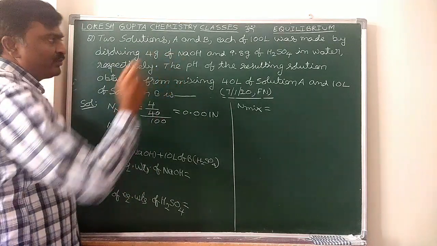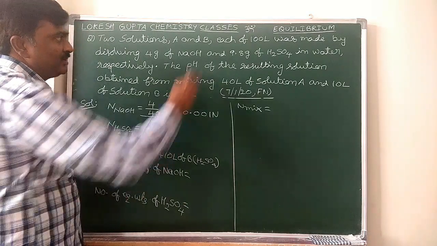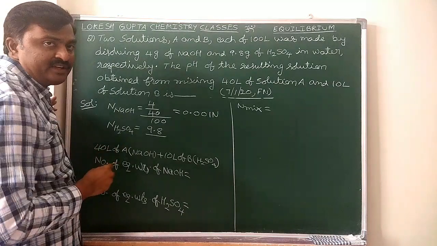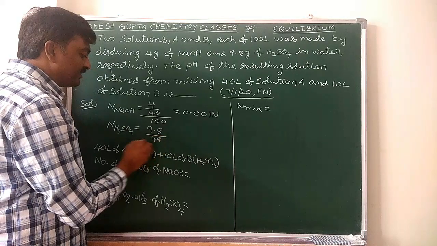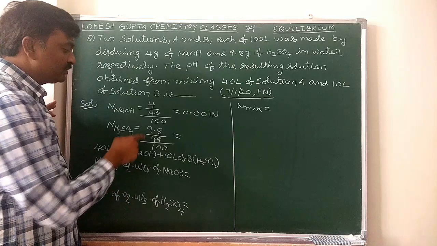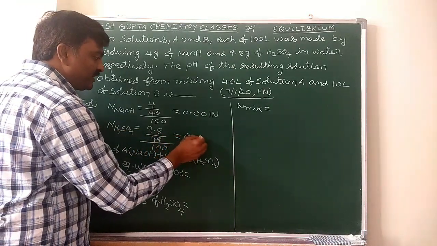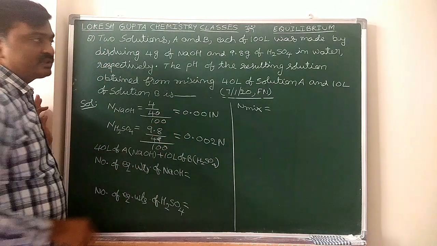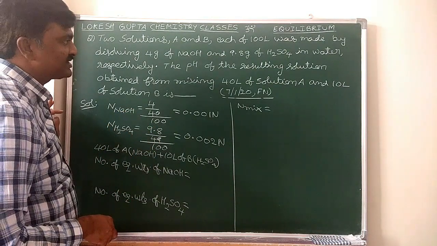Here also, weight by gram equivalent weight by volume in liters. Weight 9.8 by gram equivalent weight of sulfuric acid, 98 by 2 is 49, by volume 100 liters. This is 0.2 by 100, so 0.002 normal. These are the normalities of the NaOH and sulfuric acid solutions.